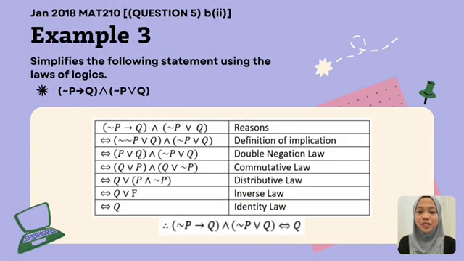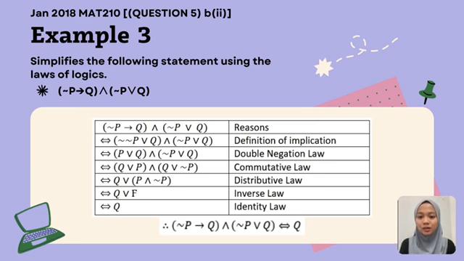So, we move to example 3. We take the question from the past year papers, January 2018, MAT210, question 5B2. This question asks us to simplify the following statement using the laws of logic. The question is not P implies Q and not P or Q. For the first step, we need to apply the definition of implication.